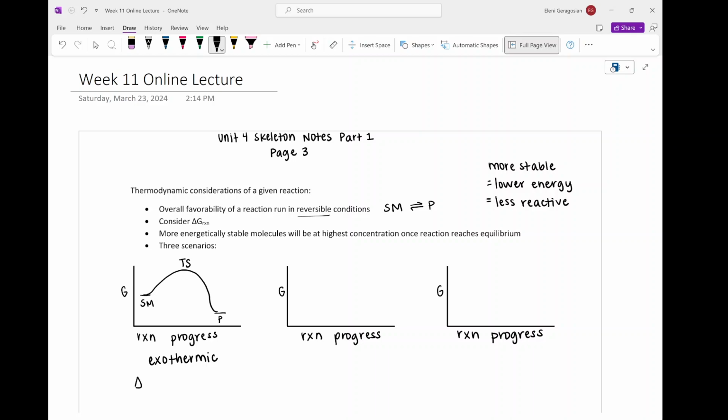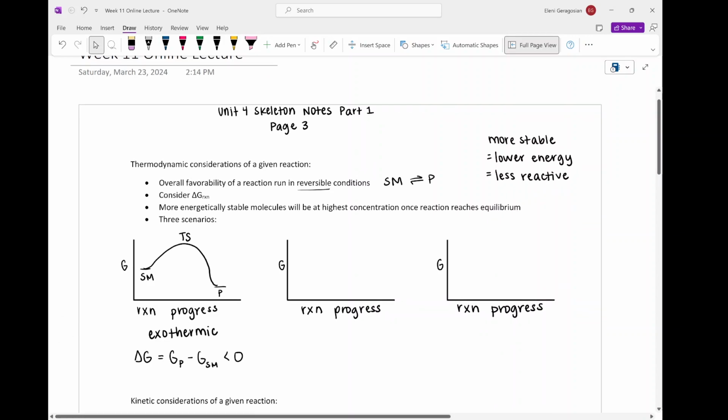So delta G, which is the energy of the products minus the energy of the starting material, is less than 0. Energy is released overall. And for this type of reaction, the lower energy, more stable molecule will be at highest concentration. We're going to label that with a pink star here. Lower energy is the products, so the product side will be in higher concentration.